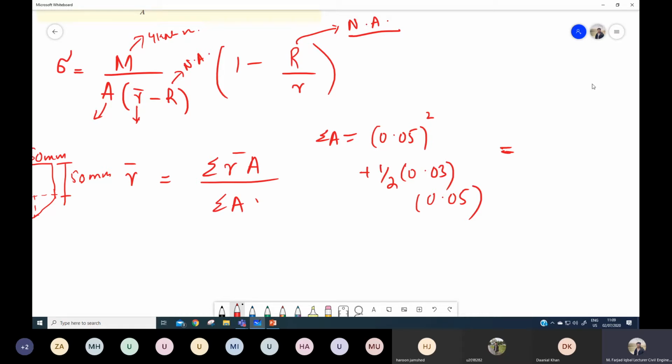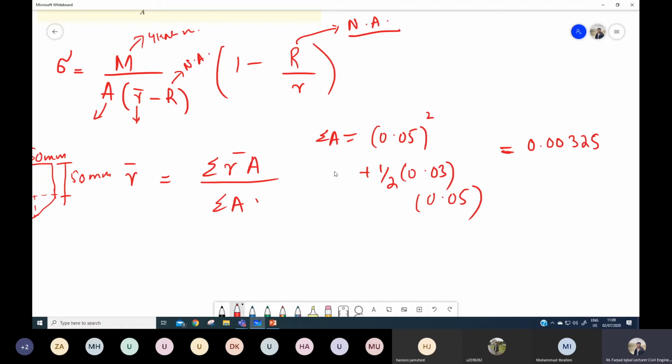Class, can you give me this area? 3.25 into 10 to the power minus 3.